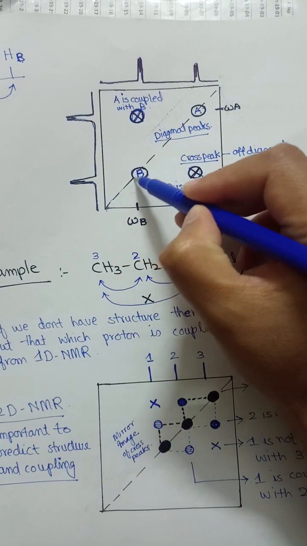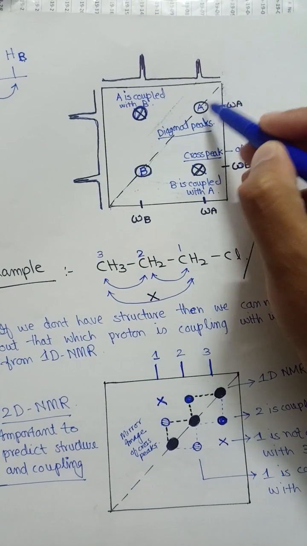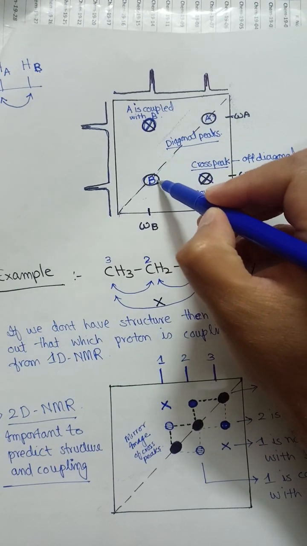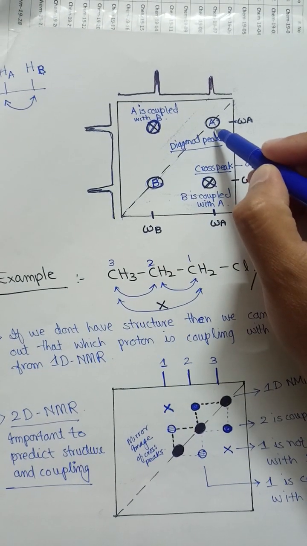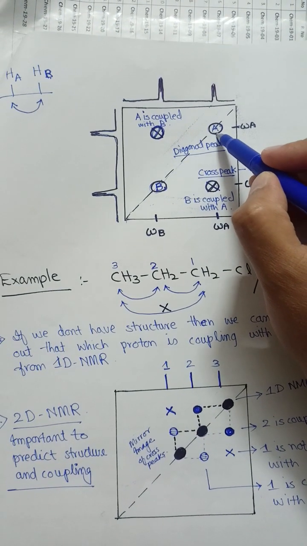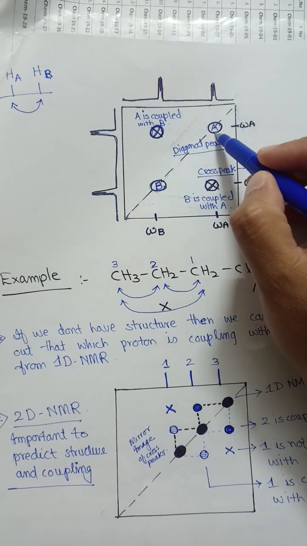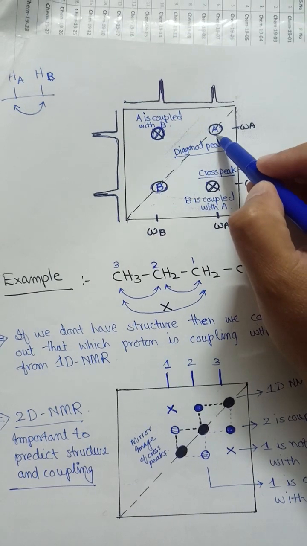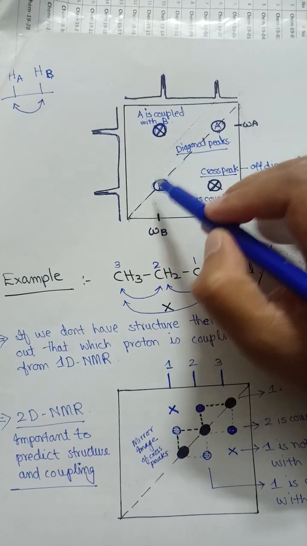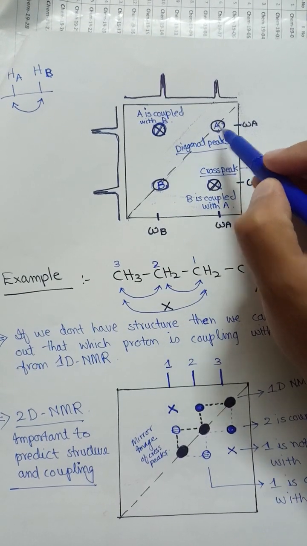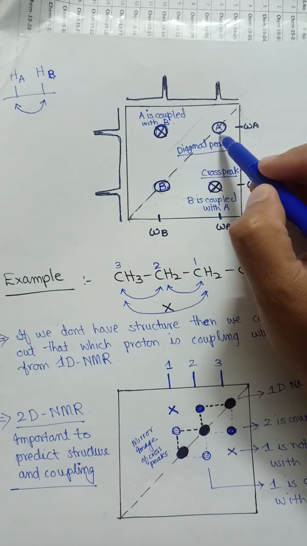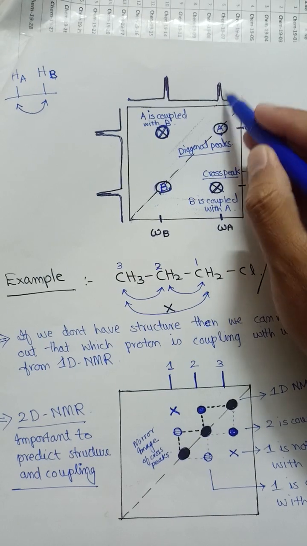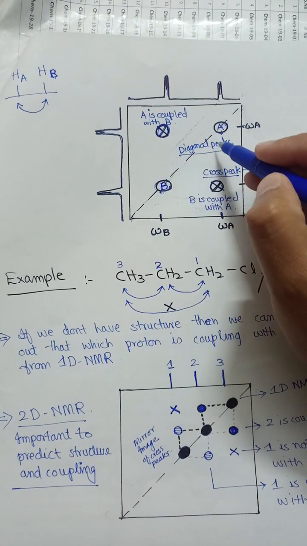These are the diagonal peaks. We will get a diagonal peak for proton A and a diagonal peak for proton B, which, like 1D NMR, says that these protons are present in different environments. So A and B will give us an A peak and a B peak, and the multiplets show that A is affecting B and B is affecting A.